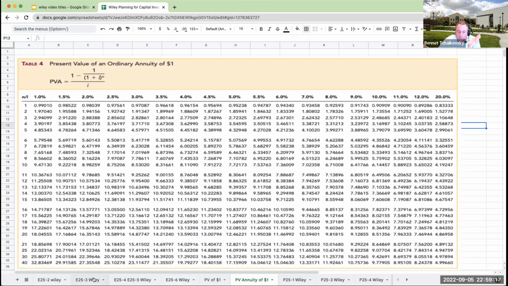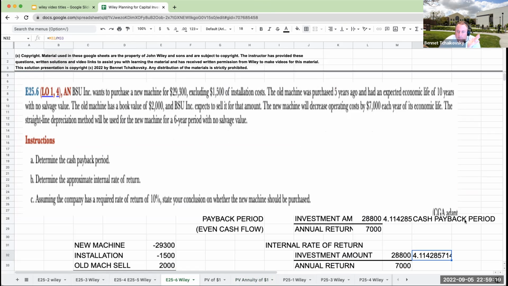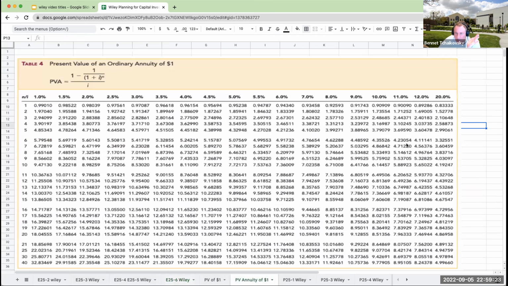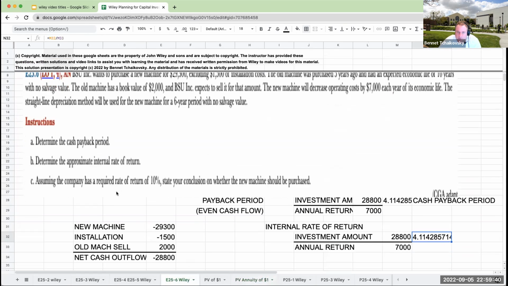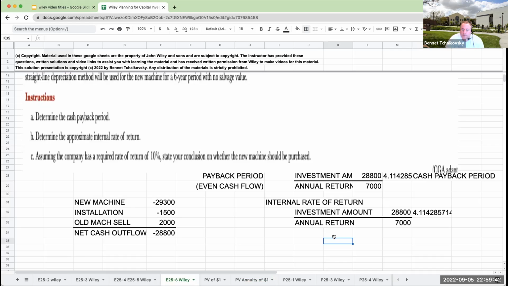Our number of 4.11428 is slightly higher than 4.11141, so it's just a little bit less than 12%. Our internal rate of return is what makes the net present value go to 0. So the approximate IRR is approximately 12%.